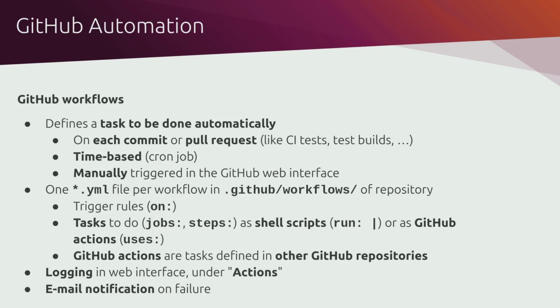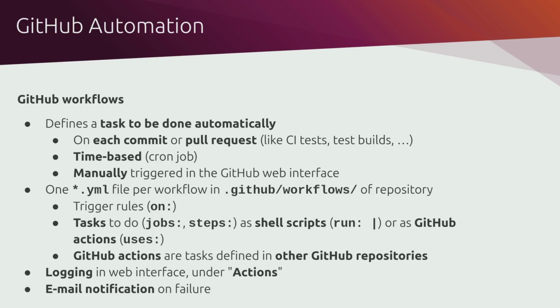There you define the trigger rules, how and when you want it to get triggered. Then you define the tasks which will be done. The tasks can either be shell scripts, which you directly write into the workflow file, or it can also be a so-called GitHub action.